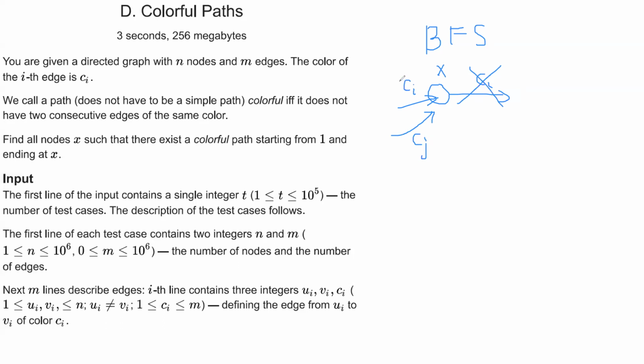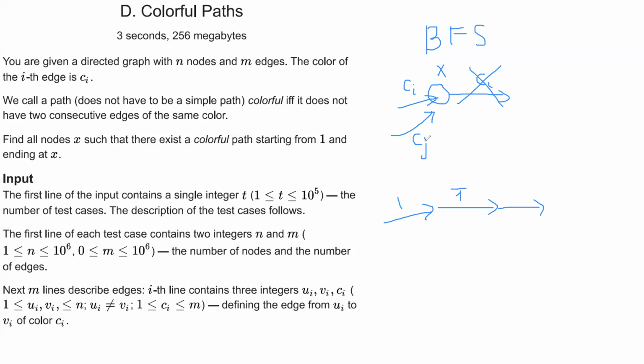If we reached it already with two colors, we will mark X as reachable with any color, because here we are asked for a colorful path. For example, a path of length 3. This is color 1. The next color is just not 1, any color not equal to 1.